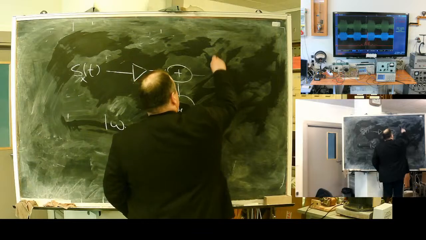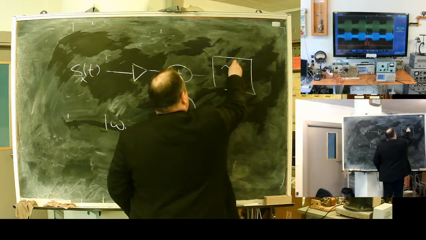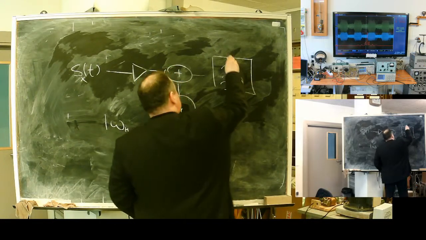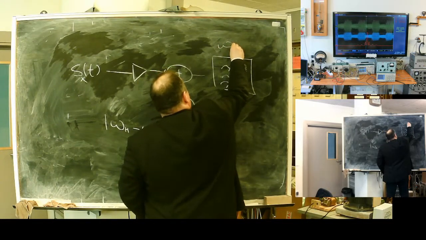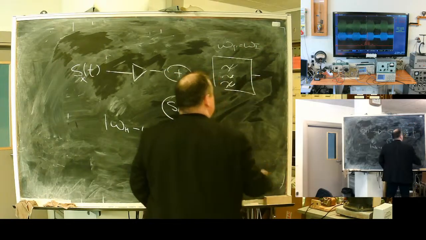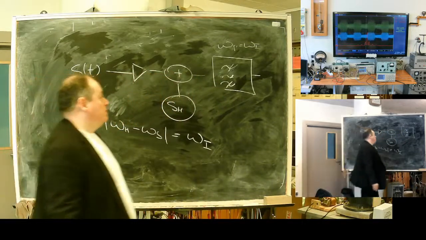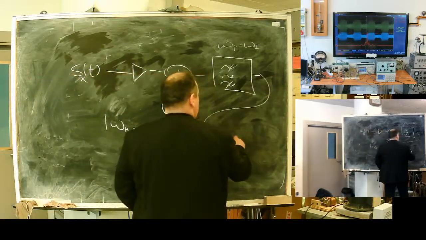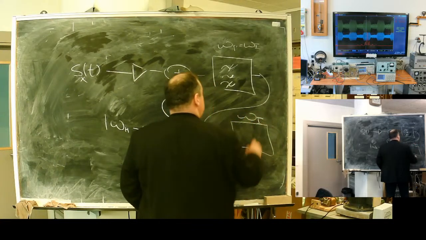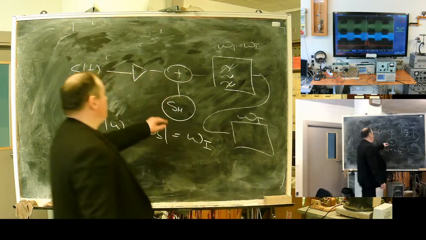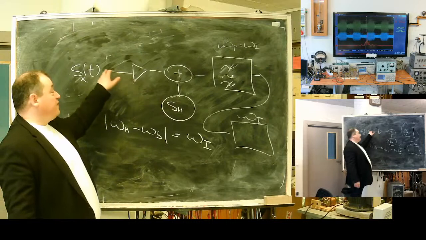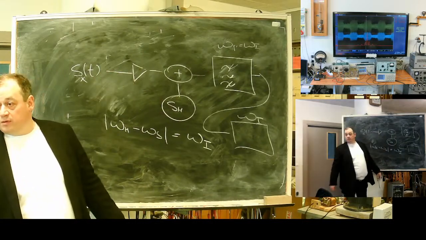Then apply a bandpass filter with omega pass equal to omega interim, and now you can build your processing at the interim frequency. How can you change the frequency of the receiving signal?